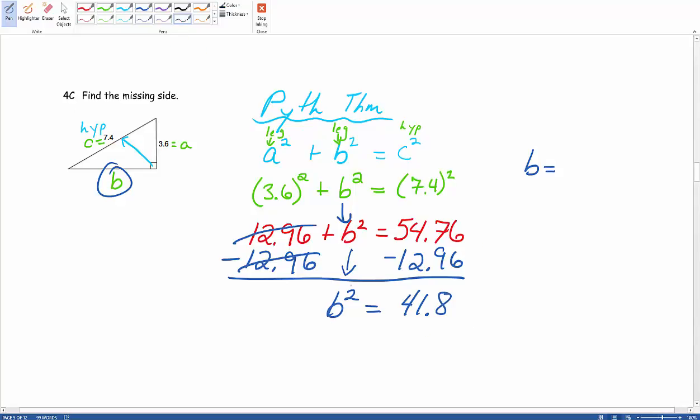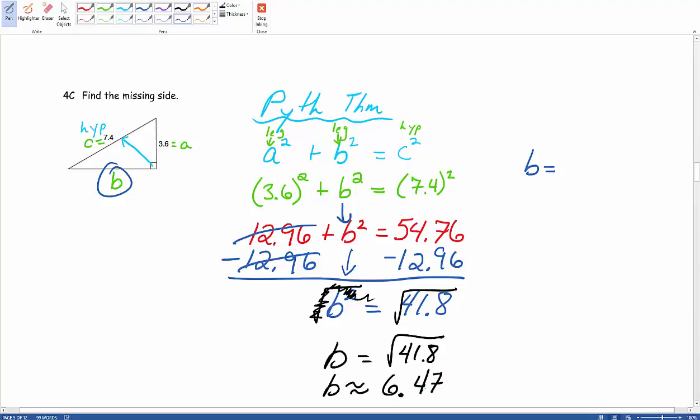Home stretch. Right now we have B squared, but we don't want B squared. We want to get rid of this squared and just have B by itself. And to do that, we would actually have to take the square root of both sides, because when a square root and a square come together, they cancel each other out, leaving us with just our B, which is equal to the square root of 41.8, or our B is about 6.47.